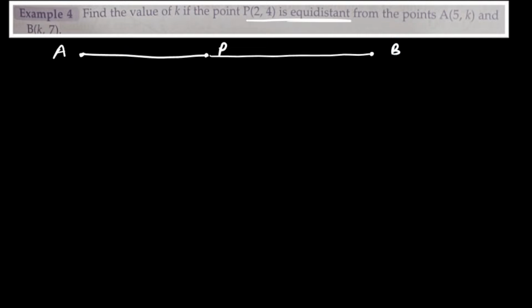Coordinates of P are given to us as 2, 4. Coordinates of A are given as 5 comma k, and coordinates of B are given as k comma 5. I hope the figure is clear.